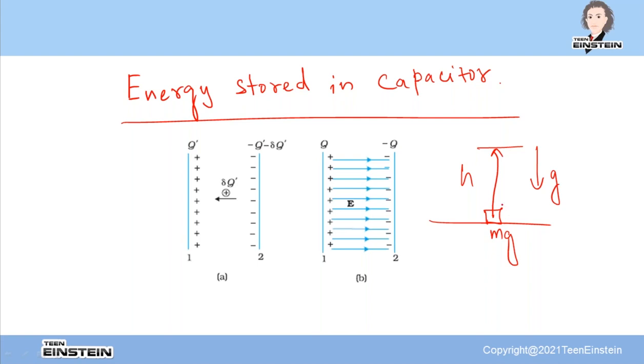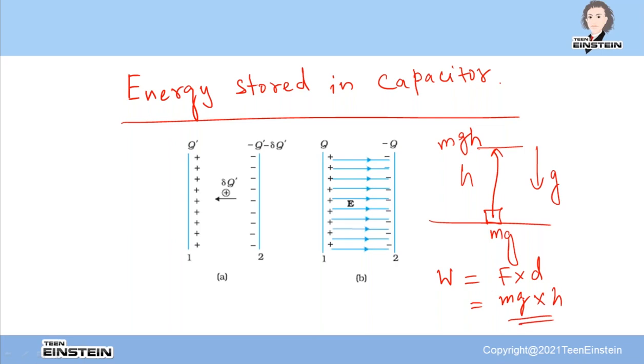See, this is work done, right? Work done means force into displacement. So what is the force here? Force is mg on the block, and the displacement d is h. So that's why this is mgh. This is nothing but the work done, which gets stored in this block as potential energy.